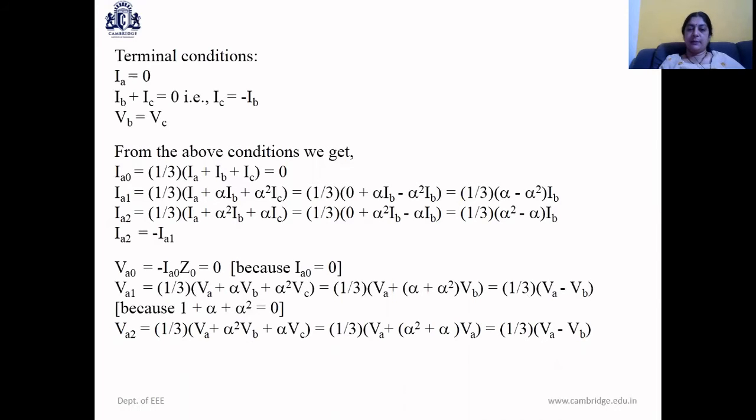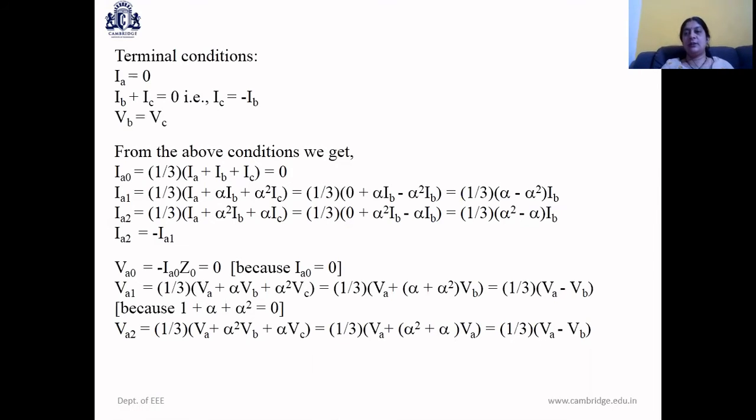So from the above expressions we can see that VA1 is equal to VA2, that is the positive sequence voltage is equal to the negative sequence voltage. The voltages are equal only when the circuits are in parallel. Therefore, the positive sequence network is parallel to the negative sequence network. Whereas IA0 is also 0, VA0 is also 0, which indicates that there is no load on this part of the circuit. Also, it is shorted on itself.